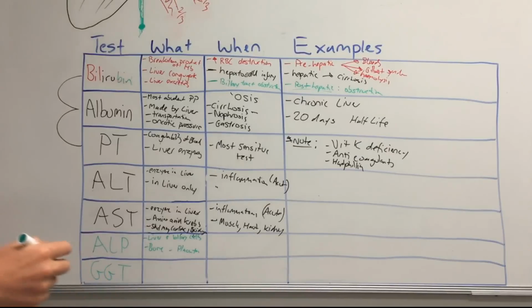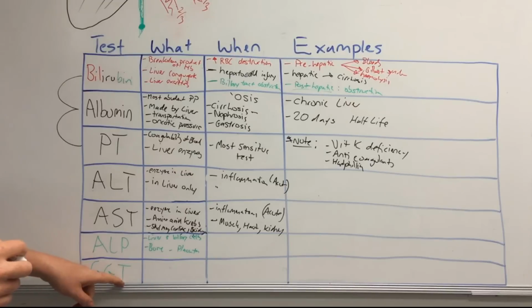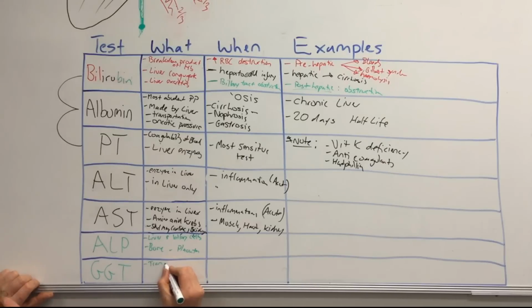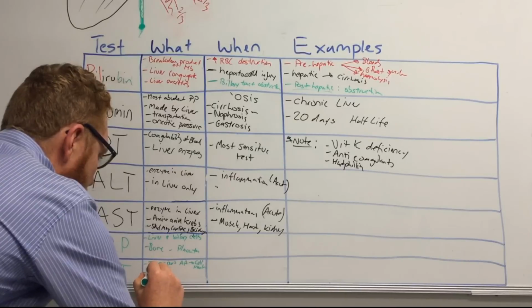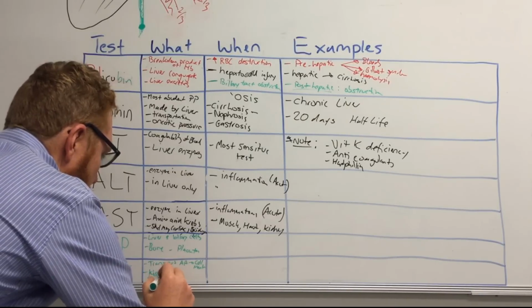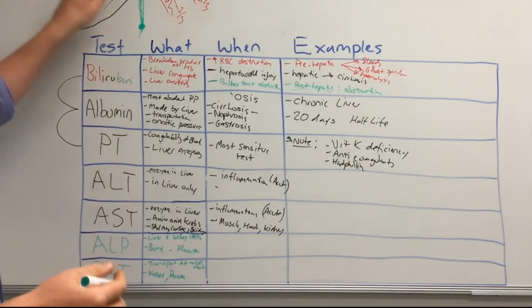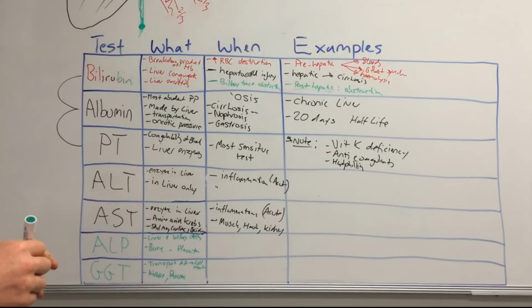Okay. And then finally we've got GGT, which is gamma glutamyl transferase. It's important for transporting amino acids across cell membranes. This is not specific to the liver. It can also be found in the kidney and pancreas, as well as in the liver and the hepatobiliary tree.